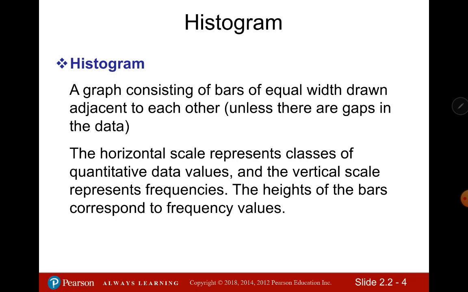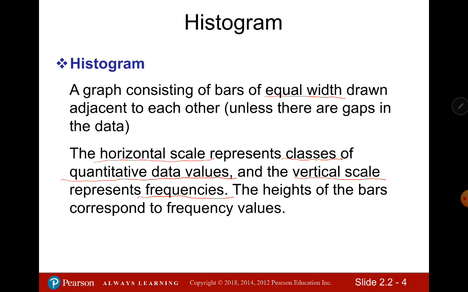So first we shall learn that a histogram is a graph consisting of bars of equal width. In the histogram, the horizontal scale represents the classes of quantitative data values, and the vertical scale represents the frequency.